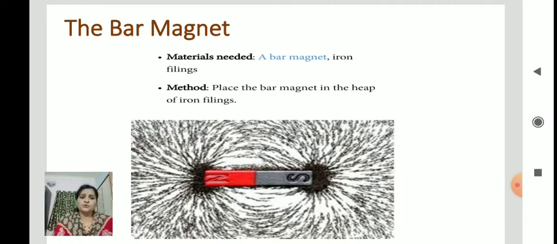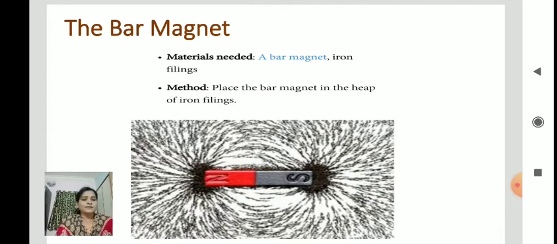So this shows that materials like iron, cobalt, nickel are attracted by the magnet. This is one of the properties of the magnet, its attractive property.